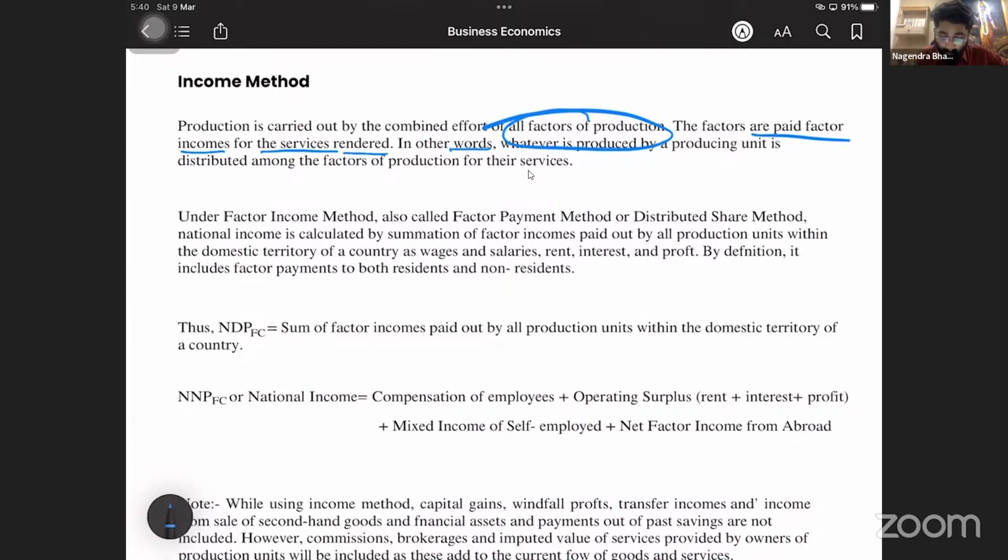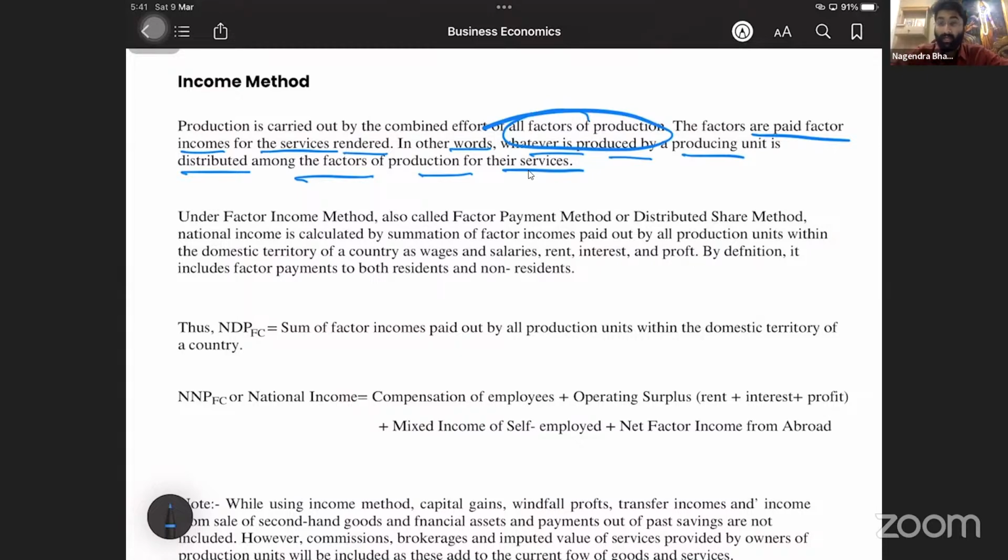In other words, whatever is produced by a producing unit is distributed among the factors of production for their services. See, now I will produce water bottles. I will sell these water bottles, and once I sell, I'll get the money. I will distribute that money to the factors of production.